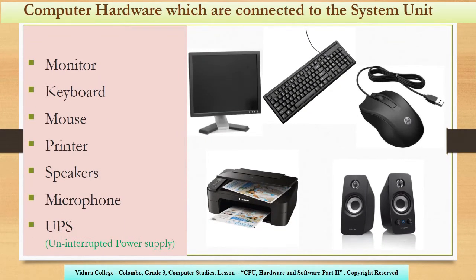Let's see some examples for hardware which are connected to the system unit. Examples are monitor, keyboard, mouse, printer, speakers, microphone, and UPS. Here you can see some pictures of those devices too.